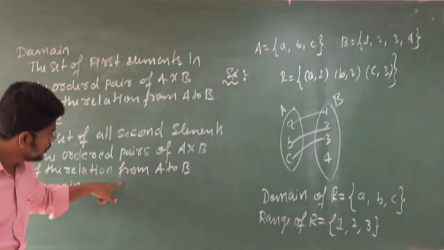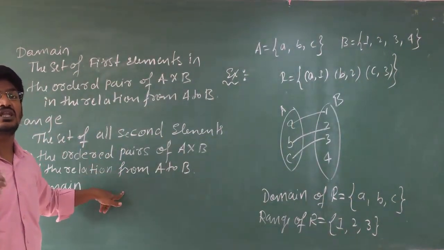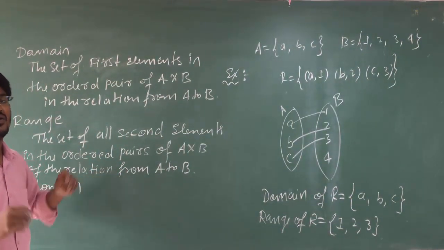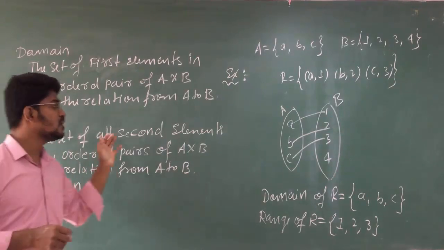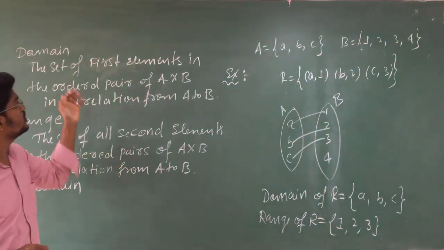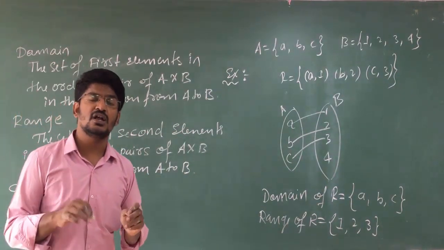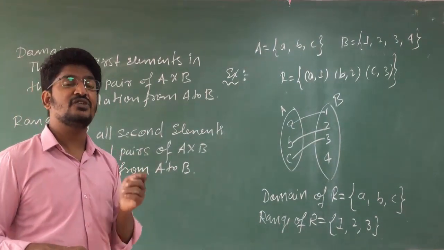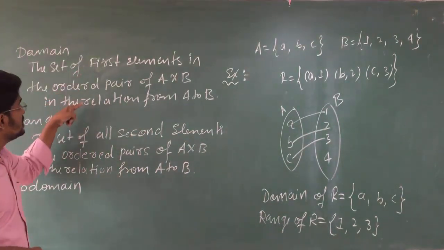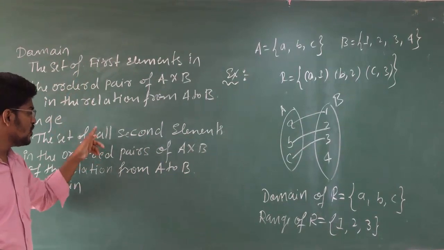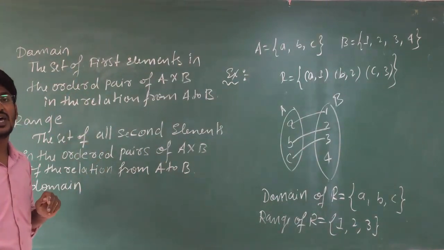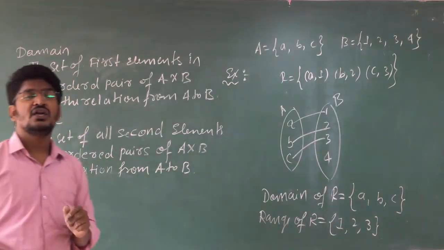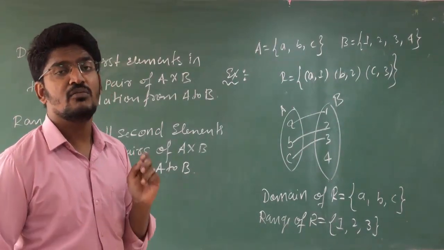You have to write the complete statement. Then only the definition will be correct. For our understanding, we say the set of all second elements, the set of all first elements. But whenever you are writing the definition in the exam, all these 3 lines should be written. Okay? Then only you will get the complete marks.